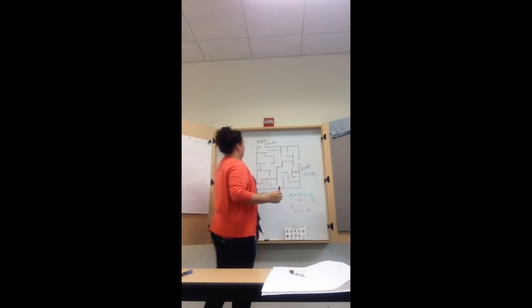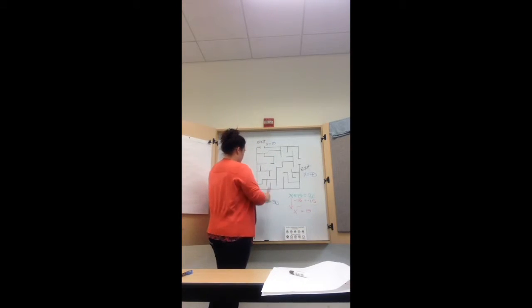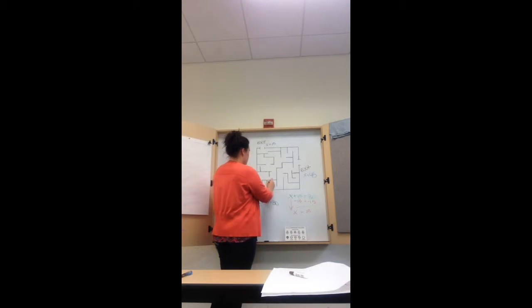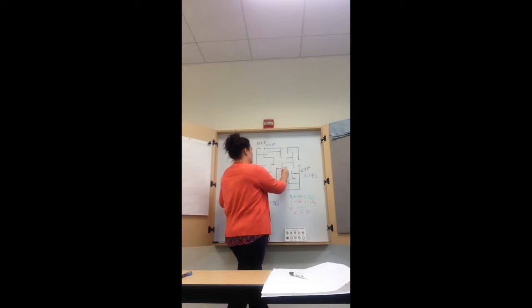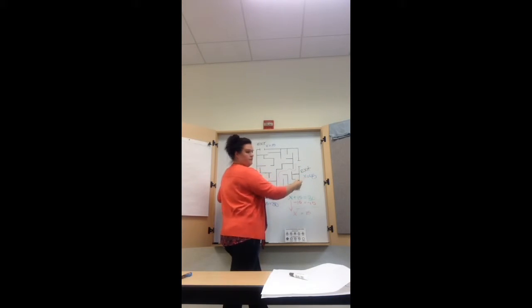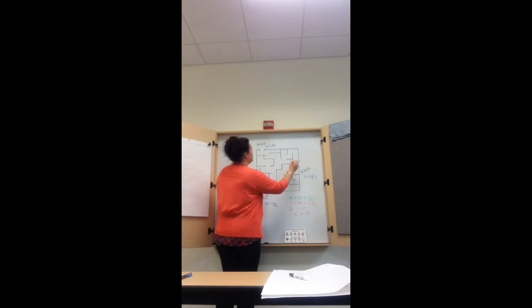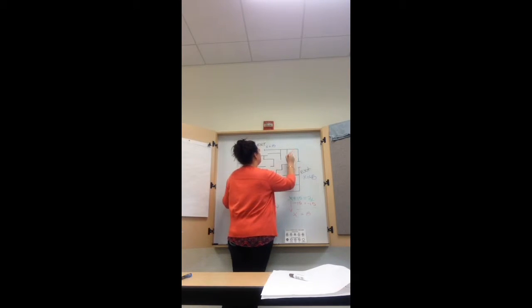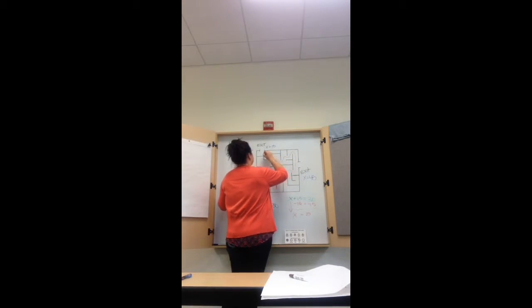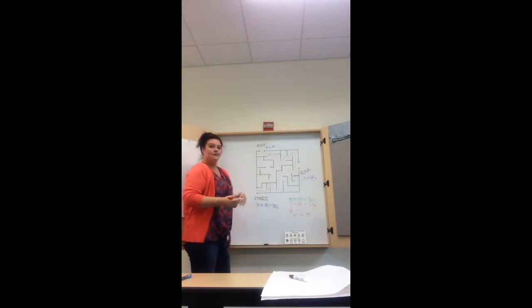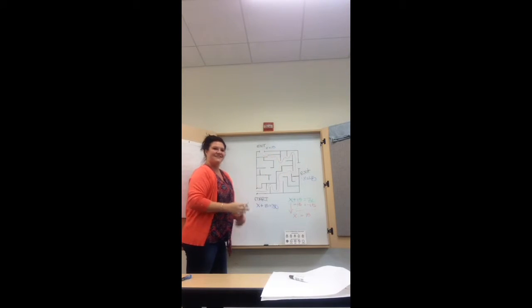So we go up here. We're going to start. We're going to follow the maze. Now, was our answer 45? No. So we're going to just keep going to 15. And ta-da! There's the right answer.